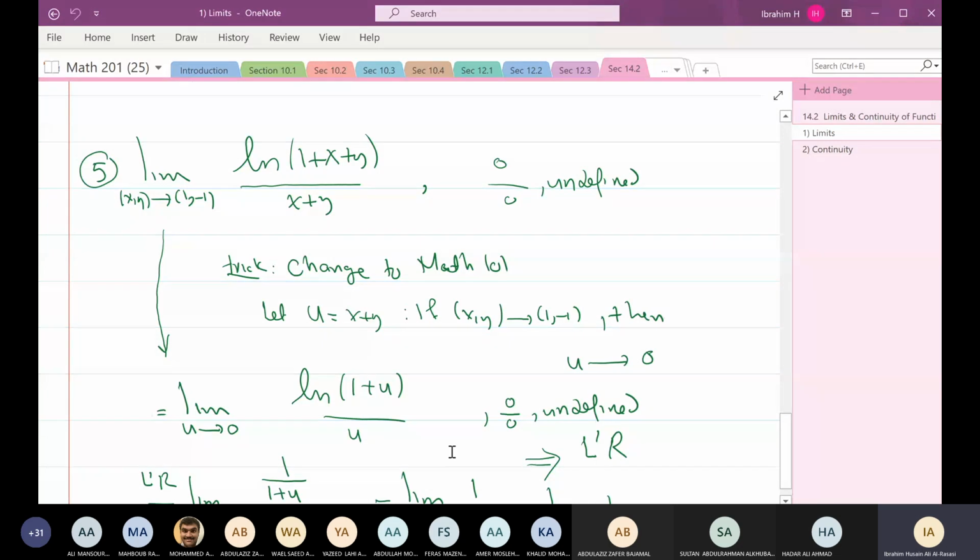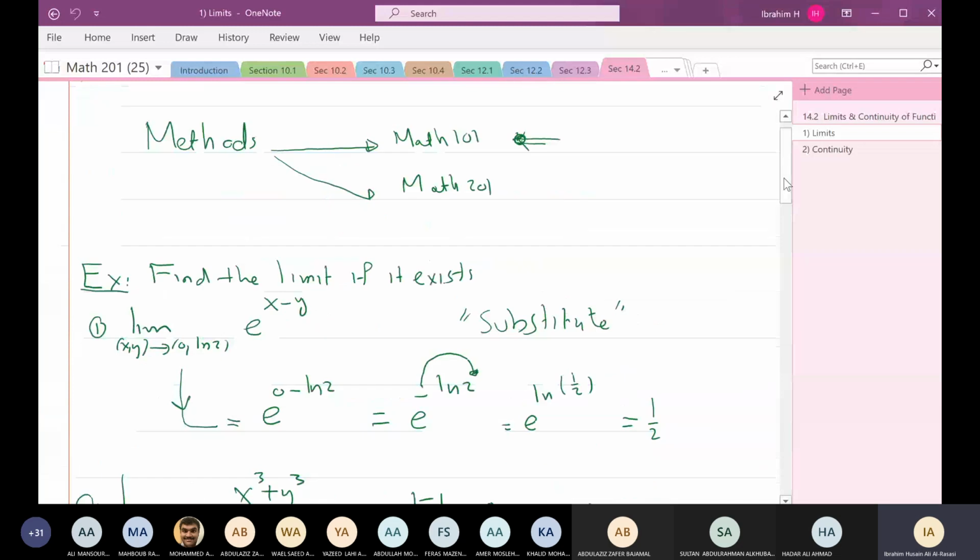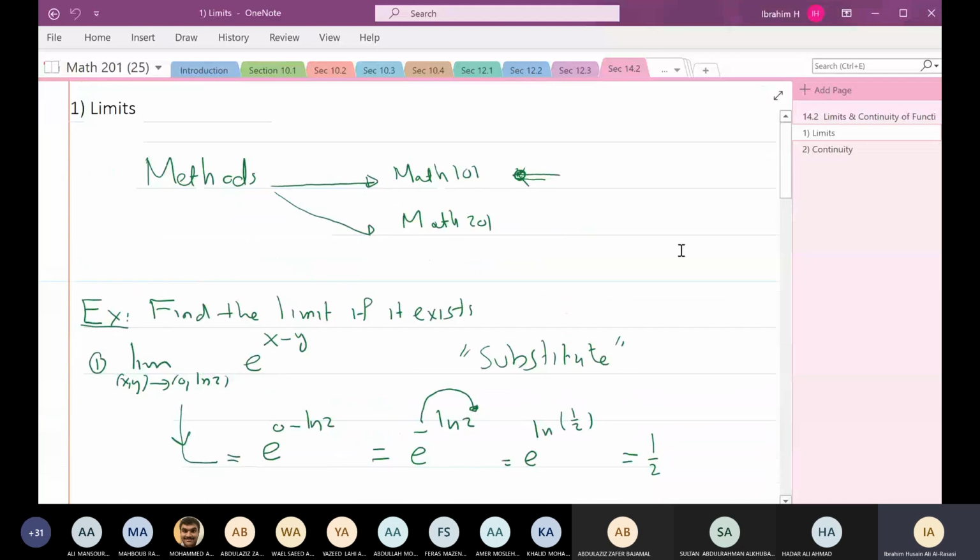This is the summary, briefly, of method 1, the first method for computing limits of functions of 2 variables. Next time we consider the second method, the methods of Math 201, the new methods. We do this inshallah next time.